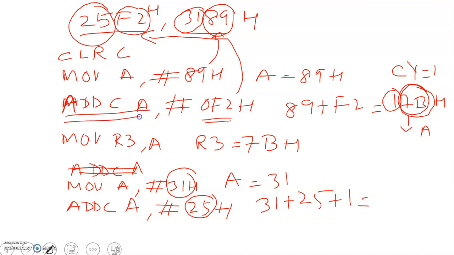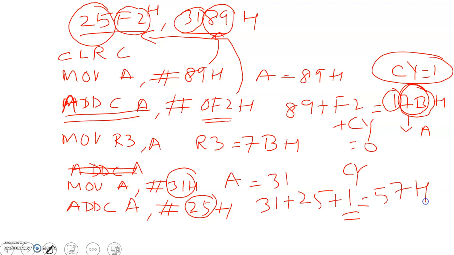Here also the carry, CY, would be added, but CY is 0 here. But because of the result of the earlier operation, CY becomes equal to 1, and here CY will be 1. Okay, so if I add these two numbers, it will come out to be 57H. So the number finally will be 57, the higher 8 bits, and 7B, the lower 8 bits.